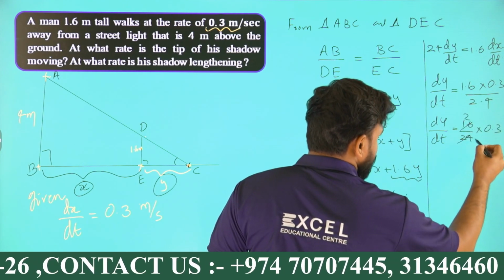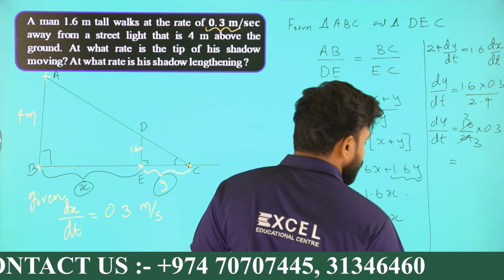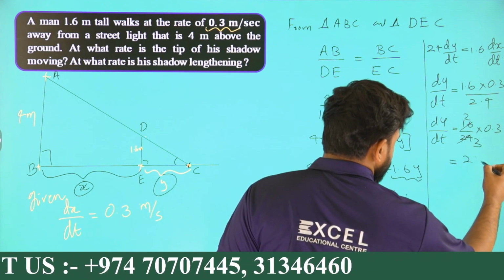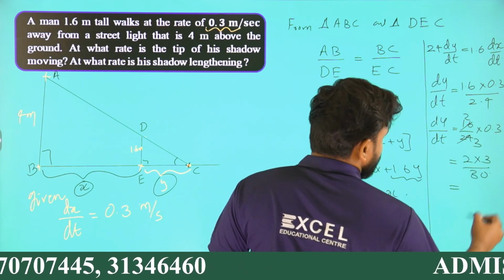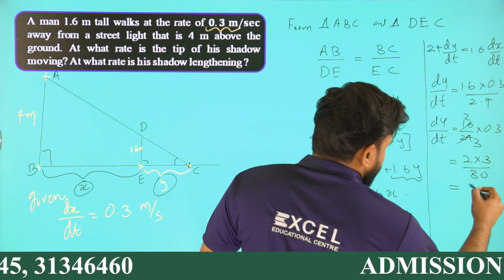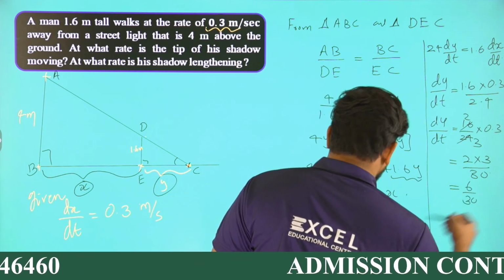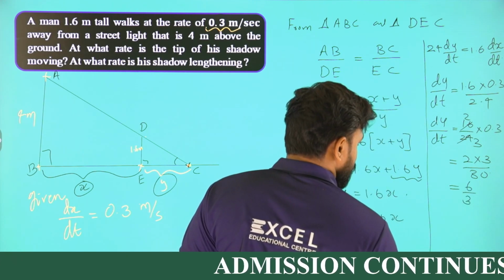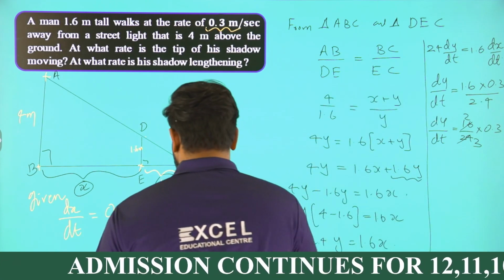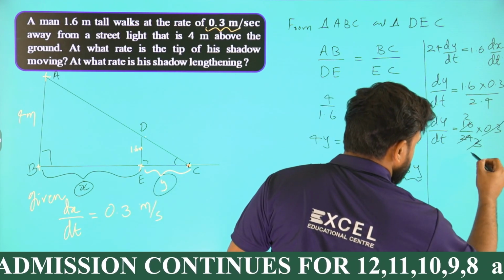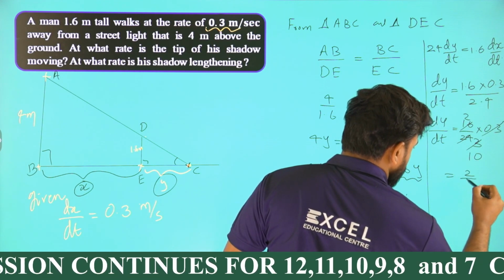It's 2 by 3 times 0.3, or 2 times 3 by 30. So it will be 6 by 30, or easily you can do the calculation straight away: from 0.3, cancel, you will get 10. So you will get 2 by 10.